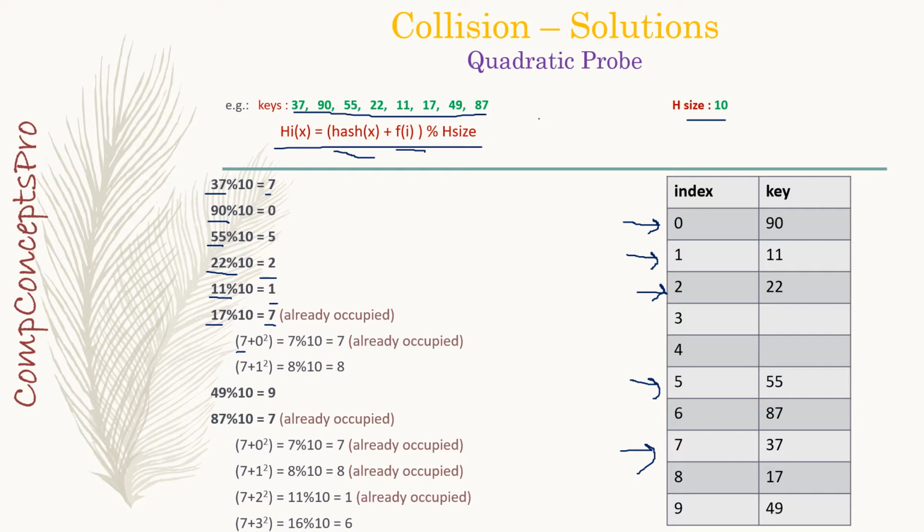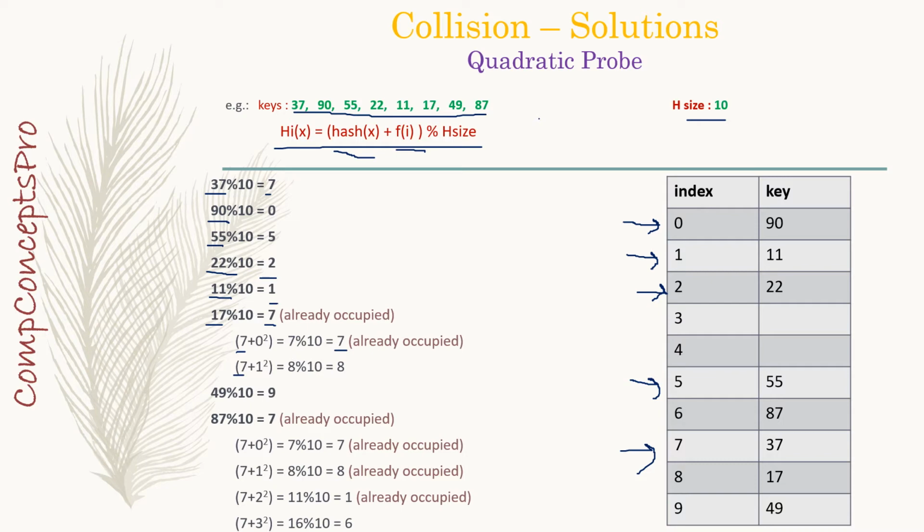And then mod h size, which is 10. So 7 plus 0 square gives 7 mod 10, which again gives 7. So the 7th position is already occupied. So now we'll increase the value of i. Hash of x is 7.